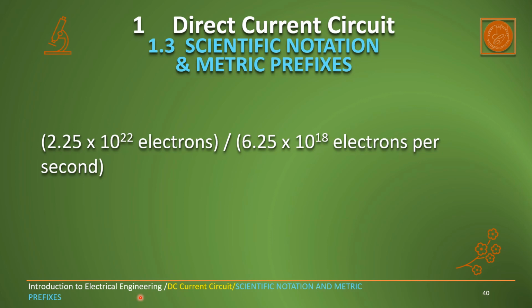Total is 2.25 times 10 power 22. We know the number of electrons per second is 6.25 times 10 power 18. So we get the formula: 2.25 times 10 power 22 divided by 6.25 times 10 power 18.